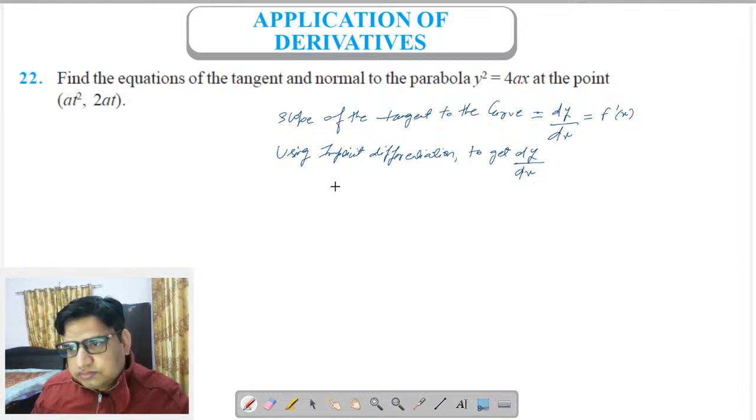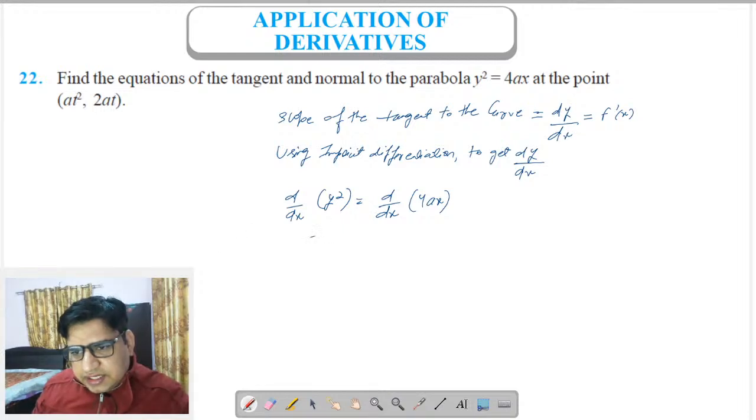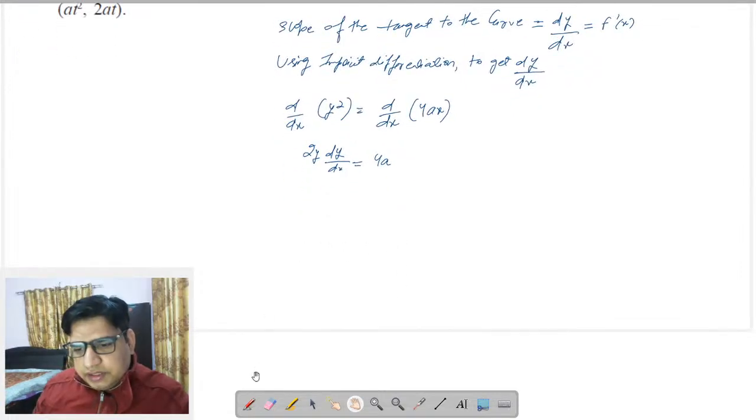Using implicit differentiation, dy by dx of y square is equal to dy by dx of 4ax, and this will be 2y dy by dx equal to 4a. We can solve it further, so dy by dx will be equal to 4a upon 2y.